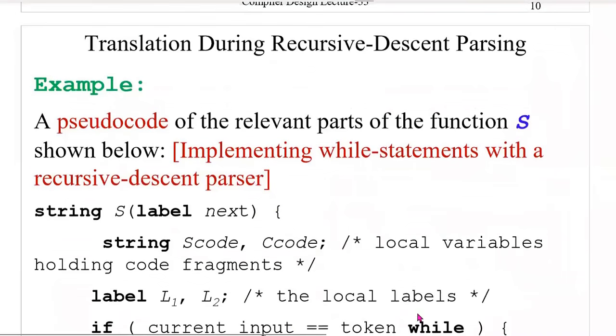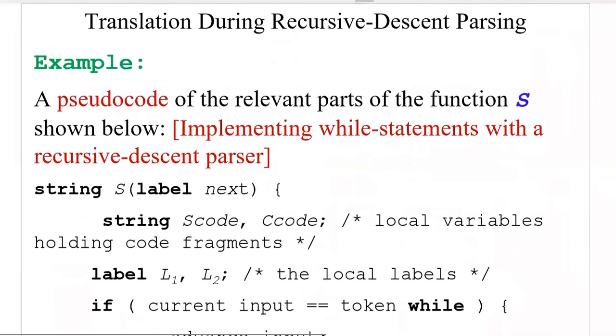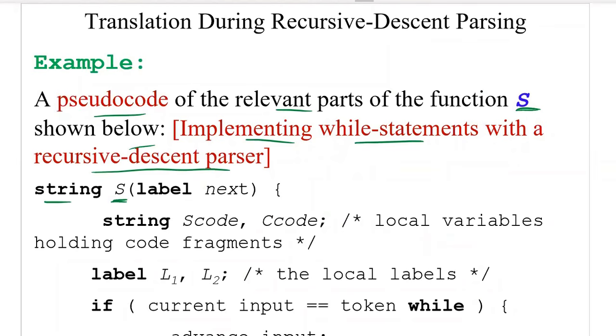Okay, now let us see the implementation with pseudocode. A pseudocode of the relevant parts of the function S is shown below, implementing while statements with a recursive descent parser. We start the function S with the argument label next. Then we define S code and C code as strings, local variables holding code fragments.